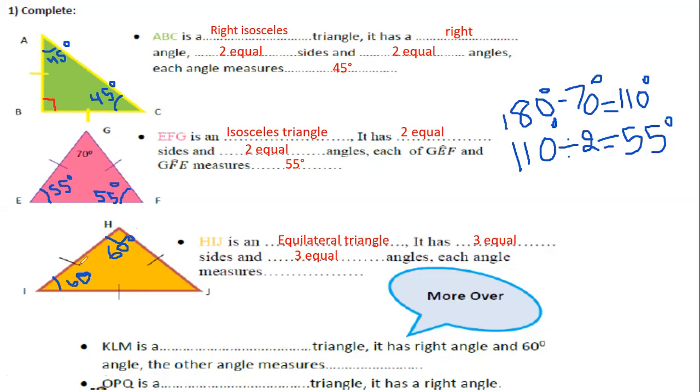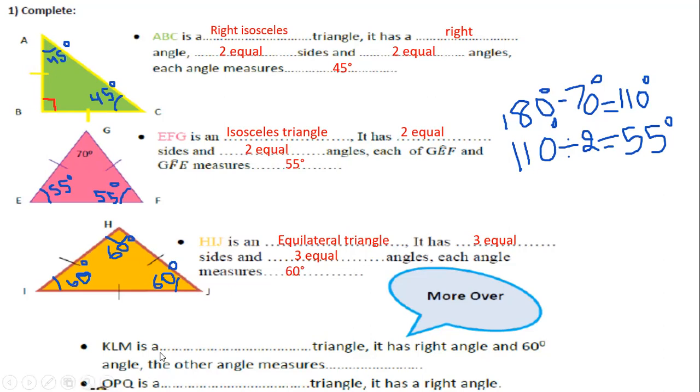Please don't forget that any triangle having 3 equal sides and 3 equal angles is an equilateral triangle.